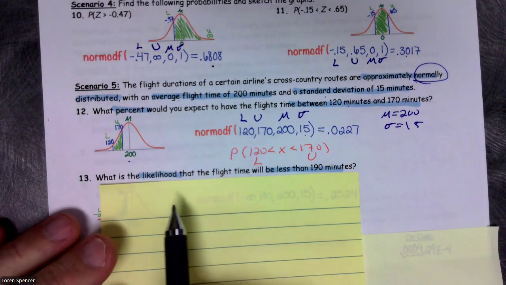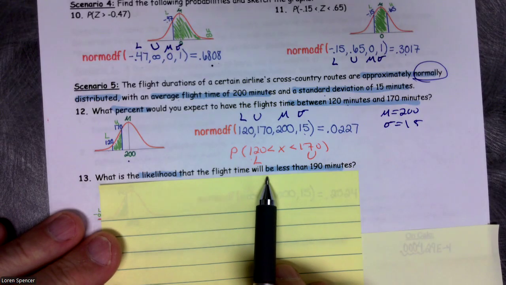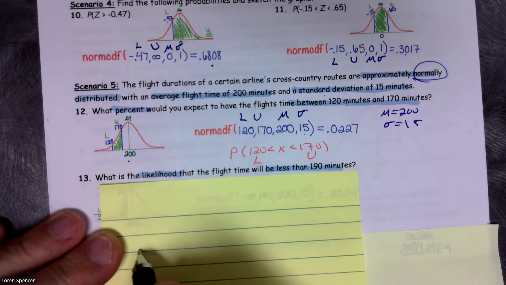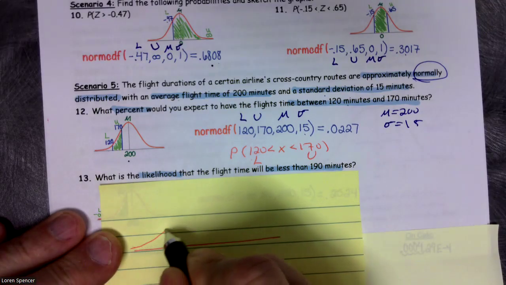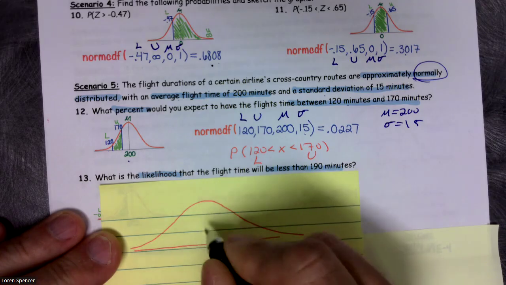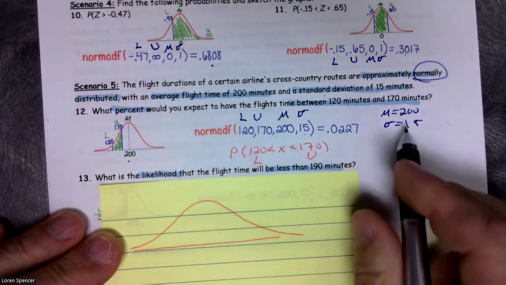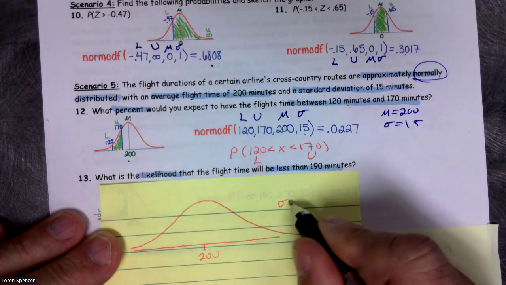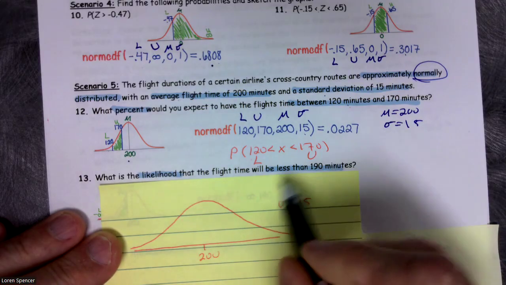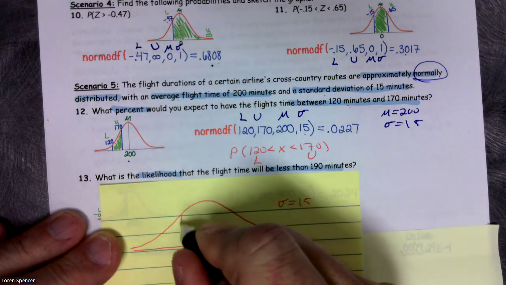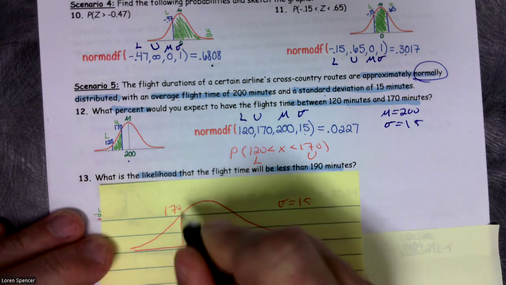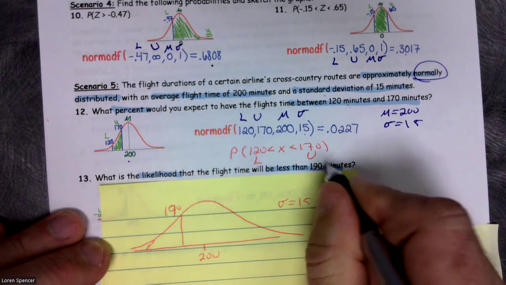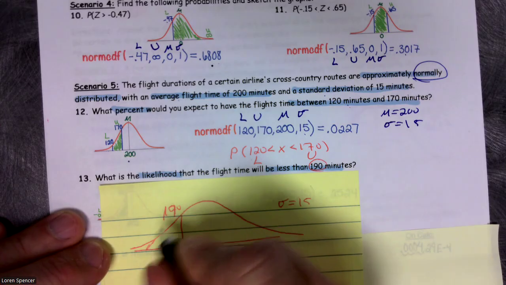All right. On number 13, what's the likelihood that it'll be less than 190? Well, once again, we're still working with a normal, so we'll go ahead and draw that. My mean is still 200, my standard deviation is still 15, but we want to know the probability that it'll be less than 190.